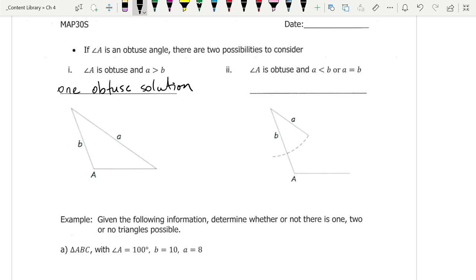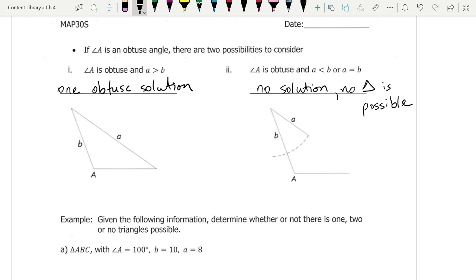If we say angle A is obtuse, and then we give you side A that is not as long as side B, well then how on earth is side A going to make it all the way down to side C? It's not. So just like the other one, you'd say no solution, no triangle is possible.